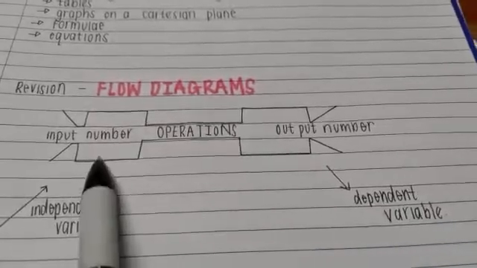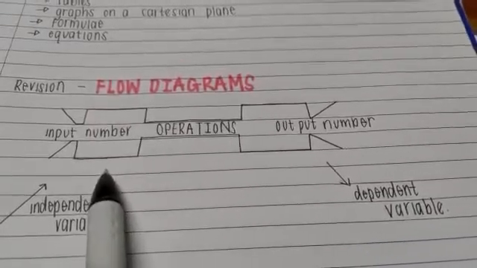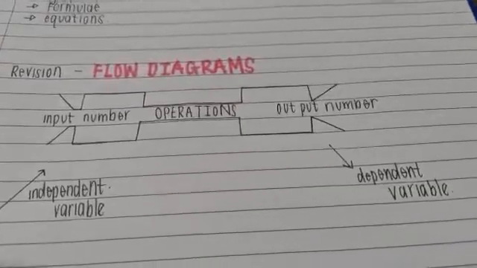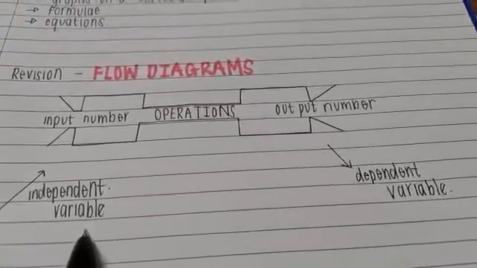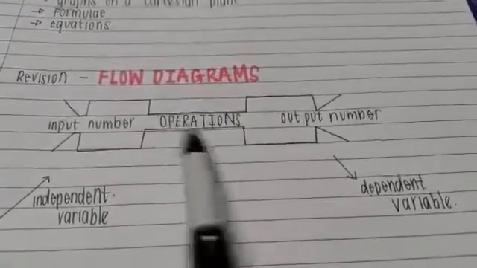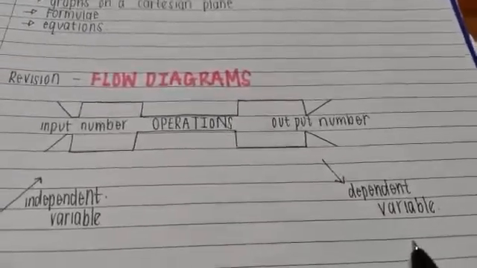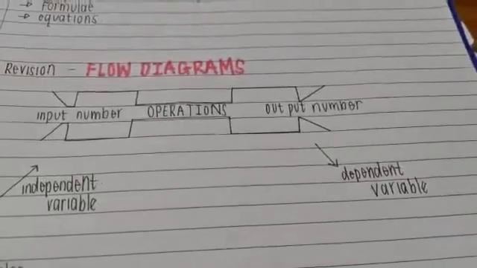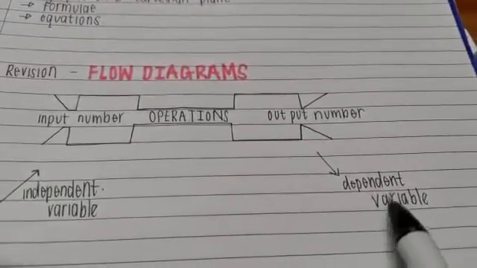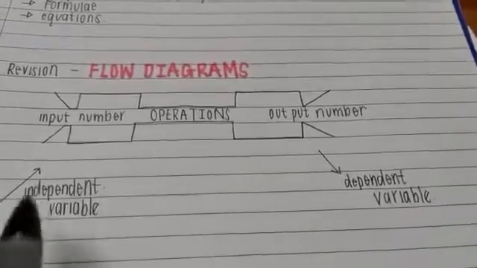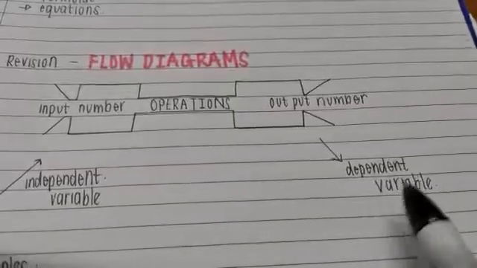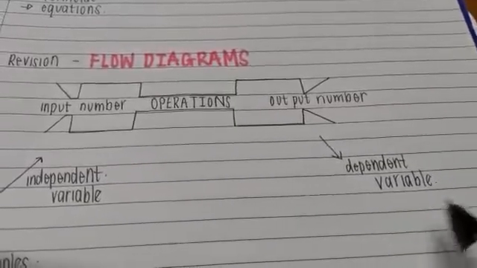The number that we put in is not affected by anything, meaning that we can choose any number or there are numbers given to us, and therefore it is called our independent variable. This is all the operations, and whatever comes out is the dependent variable. Dependent means that it needs this operation here and it needs this particular number over here to give us this number. We cannot just get a dependent variable out of thin air.